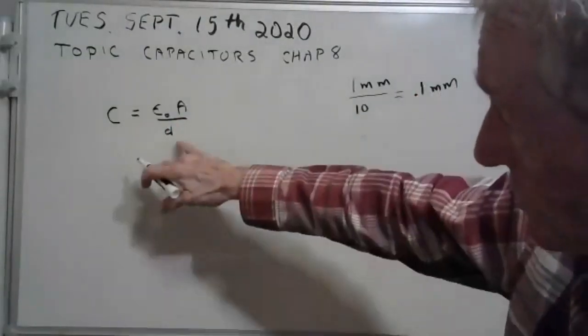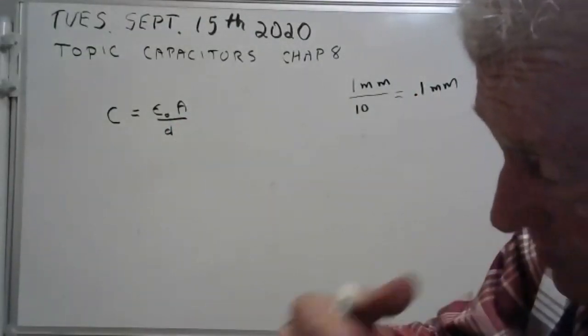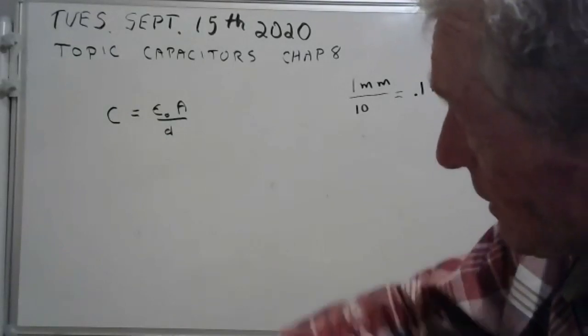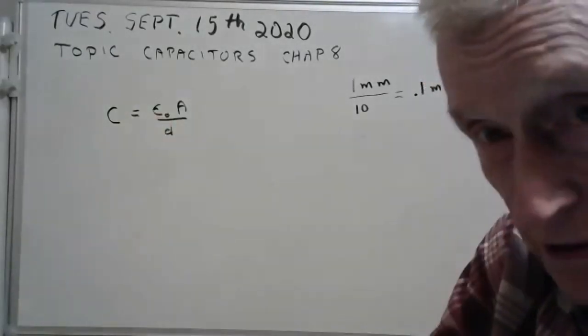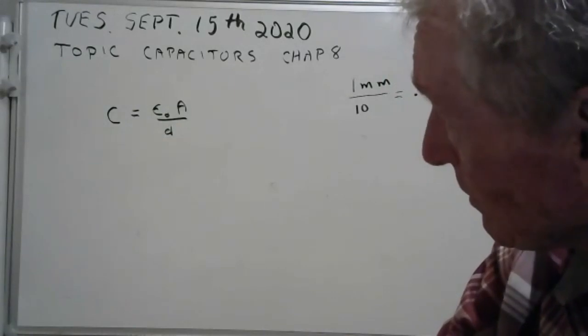That's how it goes. Where this D is the distance between your plates. You know this little epsilon 0 thing. You know that thing by heart.